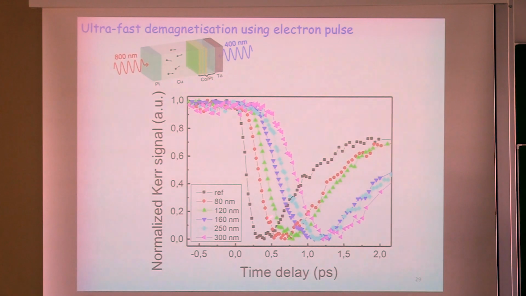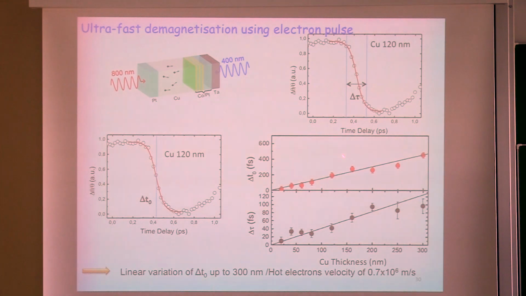So you see that it's as fast as expected for the reference layer, and there's little change if you increase the copper thickness. The only thing that you can see is that there's a delay. You can clearly see that the demagnetization starts at a different time, and this time increases with the copper thickness. And there's also a broadening of this fast demagnetization.